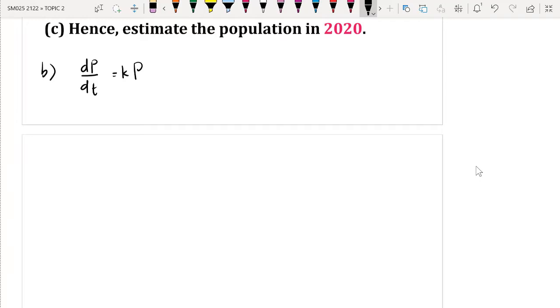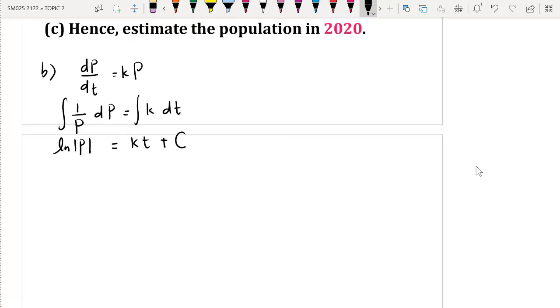If I rearrange this, we get 1 over P dP equals k dt. Yes, we successfully separated the variables. Now we integrate both sides. The integral of 1 over P is ln P. The integral of k with respect to t gives kt plus c. Don't forget the plus c, any constant at the back.